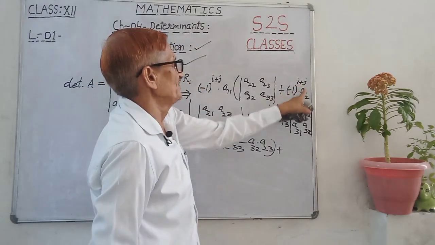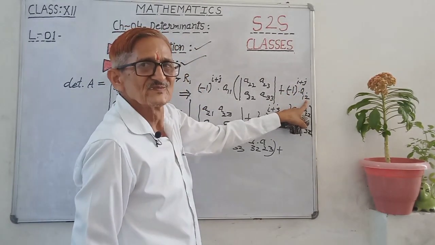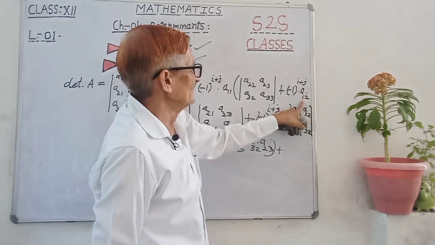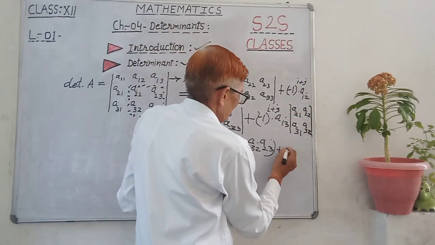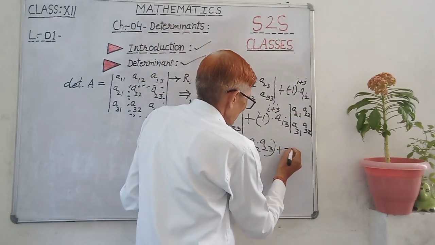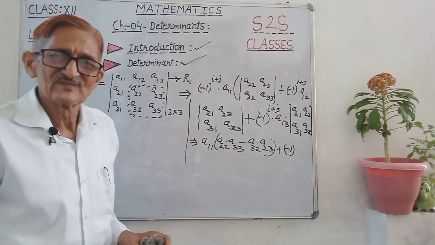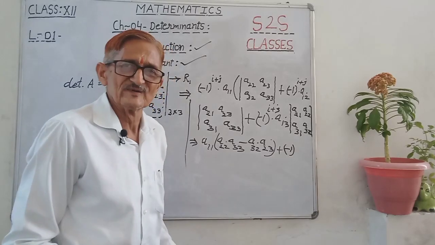Plus minus 1 power I plus j. I is here 1 and j is here 2, clear beta, a12 element. So I is 1, j is 2, so 1 plus 2 is 3, so minus 1 power 3. Minus 1 power 1 plus 2 is 3, so odd.